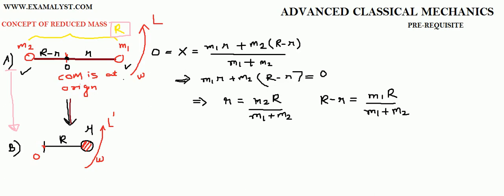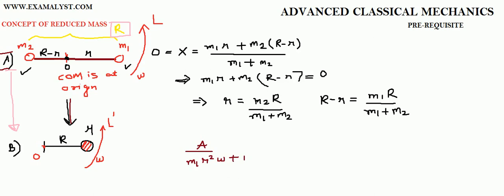Now if system number A rotates about origin, what will be the angular momentum for system number A? The total angular momentum will be the sum of the angular momentum of the two balls. So there will be m1 r square omega. This is the angular momentum of the first.